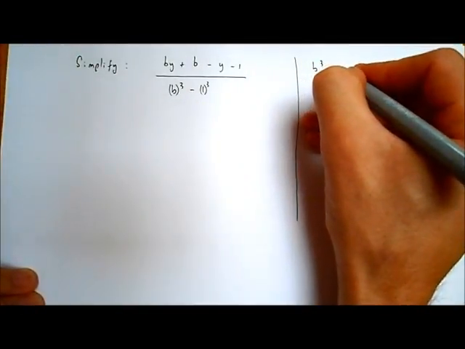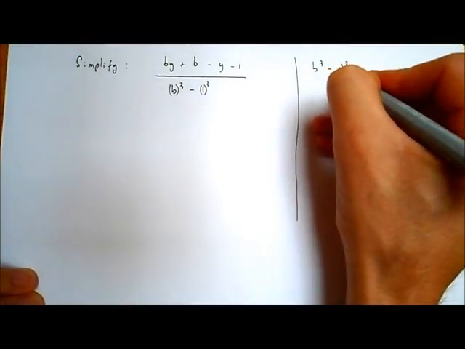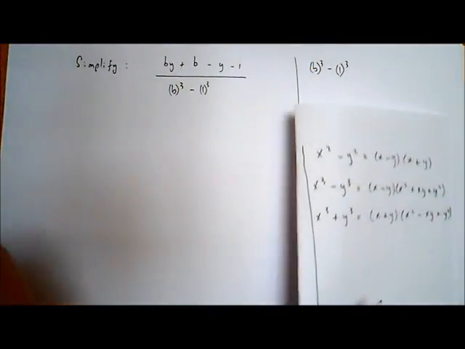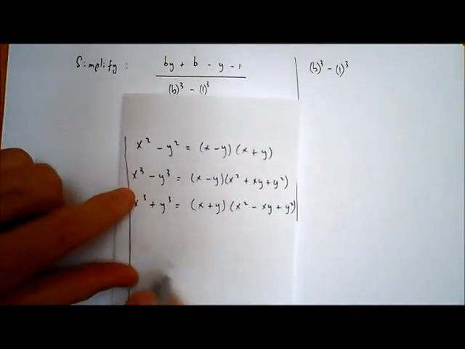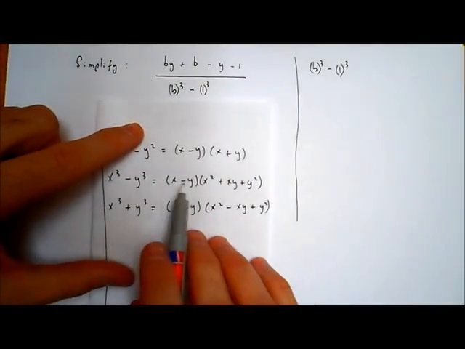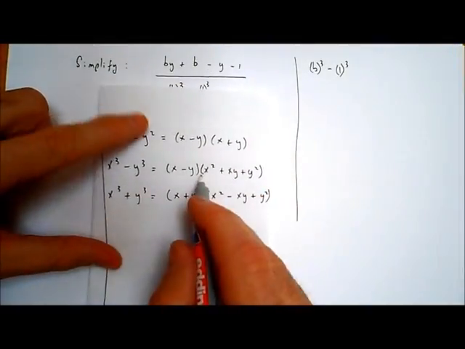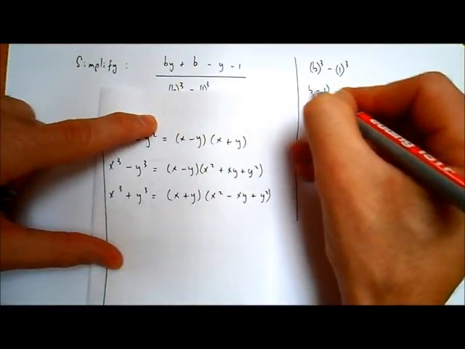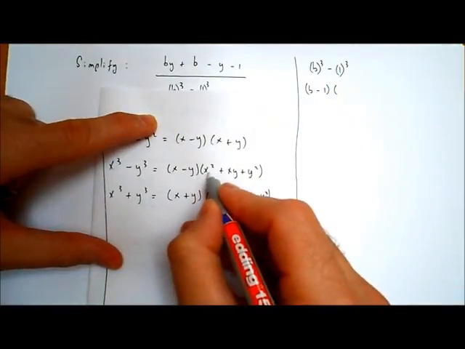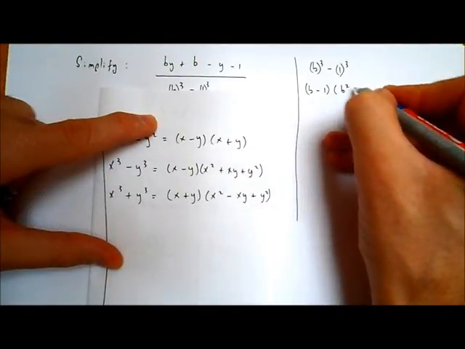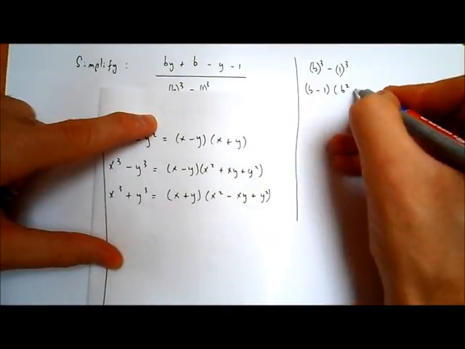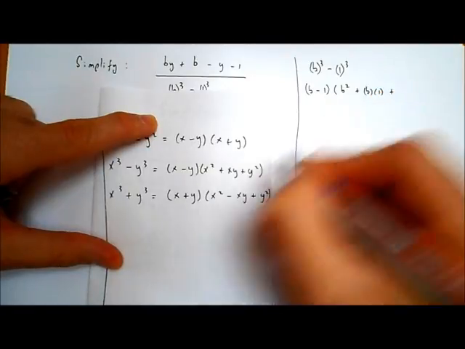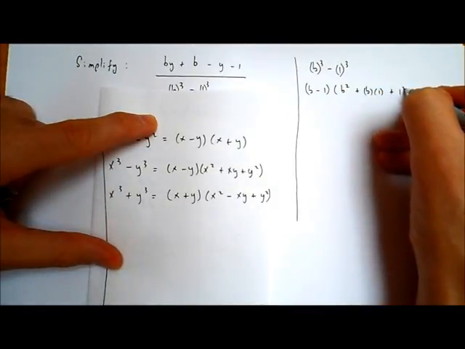I've got b cubed minus 1 cubed, and I'm going to factorize that. If you remember the difference of 2 cubes, it says the first cubed minus the second cubed is the first minus the second, times first squared, so b squared, plus first by second, so plus b times 1, plus the second squared, so plus 1 squared.